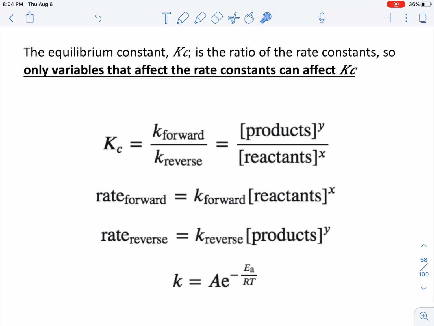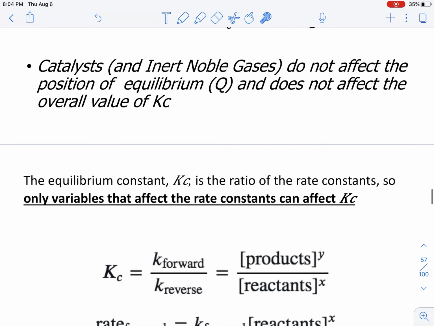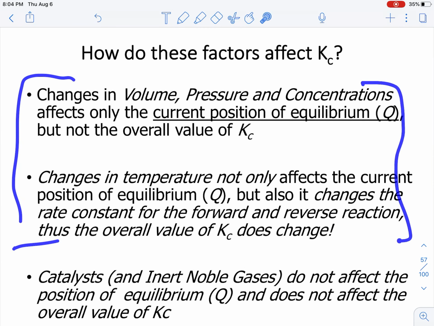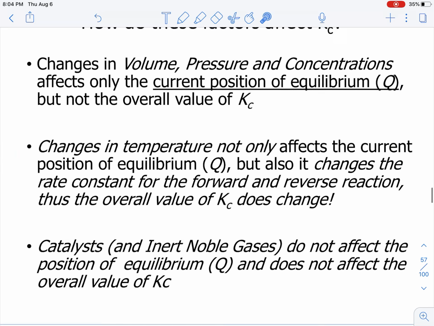And so the only variable that does have an effect on the rate constant itself is temperature. Changes in temperature will change little k, which changes these little k's, which alters the actual value of the equilibrium constant Kc. And so that's what these two points are trying to get at.